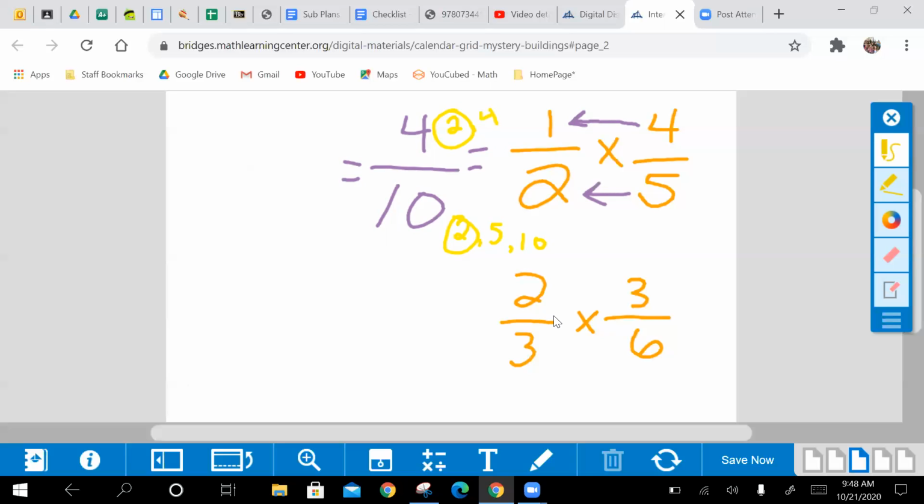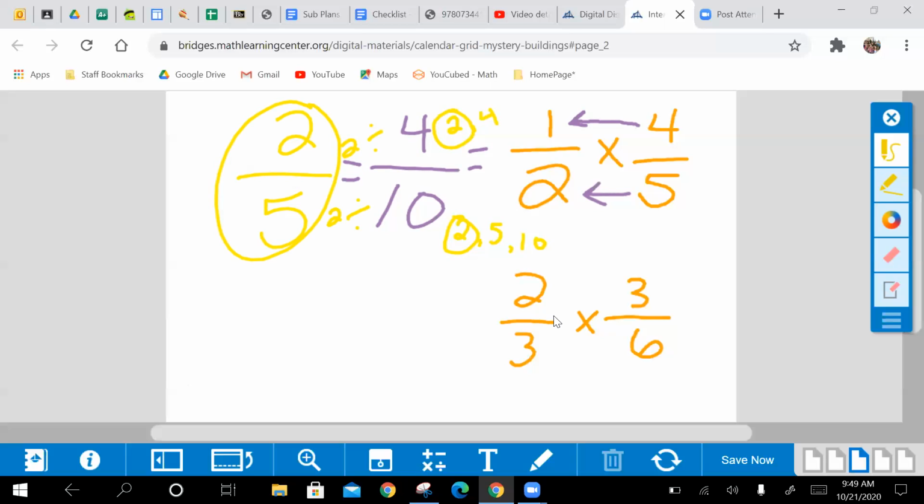That's just a good way to get the numbers smaller and into numbers that you're used to working with, so then you can find other numbers to divide by. So we know that we can divide both of these by 2. So 4 divided by 2 is 2. And 10 divided by 2 is 5. So when you multiply 4/5 times 1/2, we get 2/5.